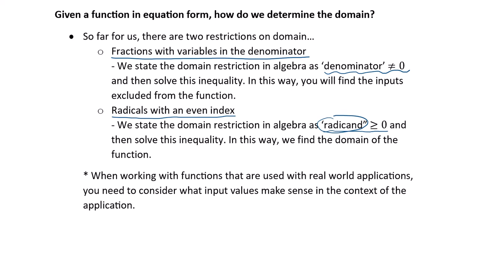You can take the square root of positive numbers. Those will be real. But if you take the square root of negative numbers, you'll get thrown imaginaries. So this is the reason for the radicand greater than or equal to 0 restriction. In that way we find the domain of the function. Now, when working with functions that are used with real-world applications, you'll need to consider what input values make sense in the context of the application.